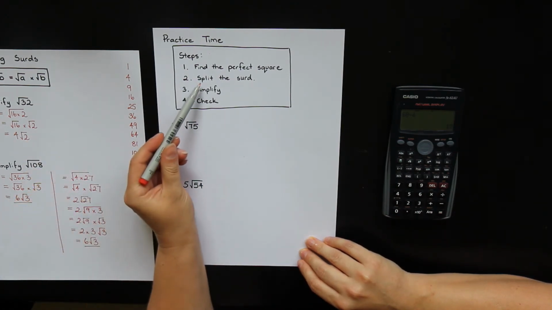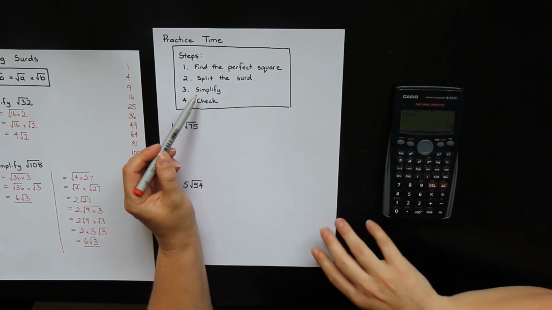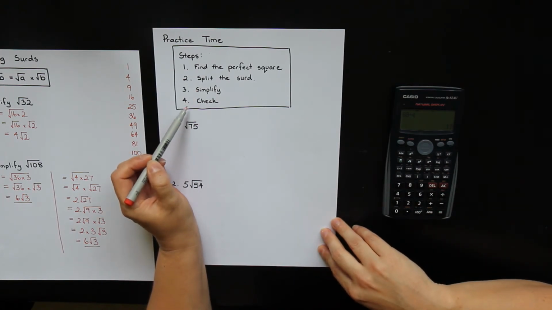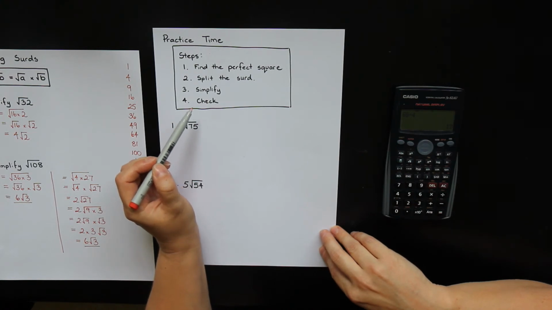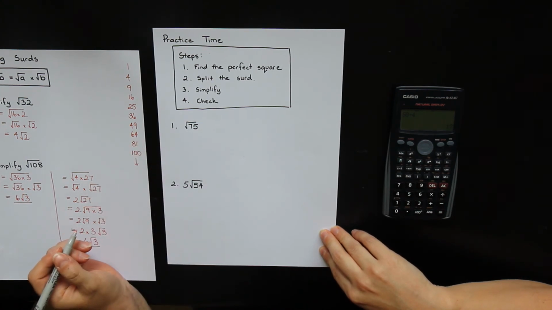And then we split the surd, then we simplify by square rooting the 4 or whatever our perfect square number is and timesing everything together. And finally, at the end, we check to make sure that everything is as simplified as possible to make sure that we don't have to repeat the process like we did in question 2. So what I'd like you to do is pause the video and try these 2 questions, and then we'll go through the answers in a minute.